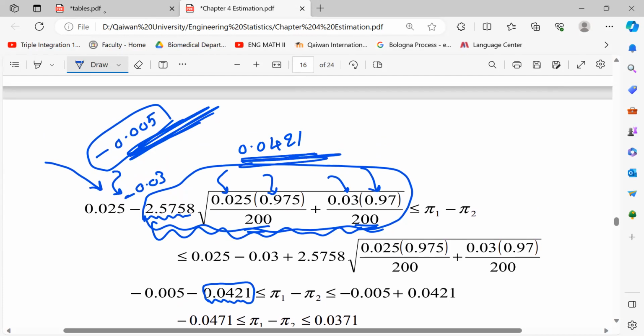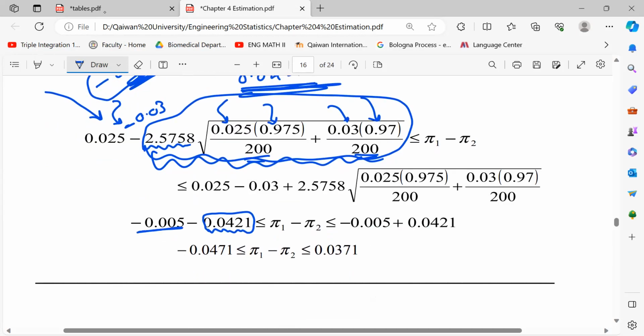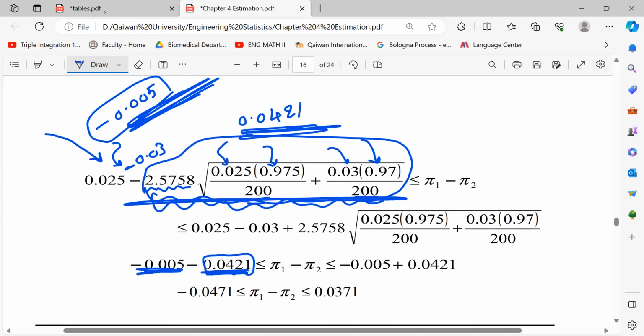That's all. On the left you have the difference of proportions minus the calculation of this one, and on the right the difference of proportions plus that amount. The result is minus 0.0471 on the left and 0.0371 on the right.